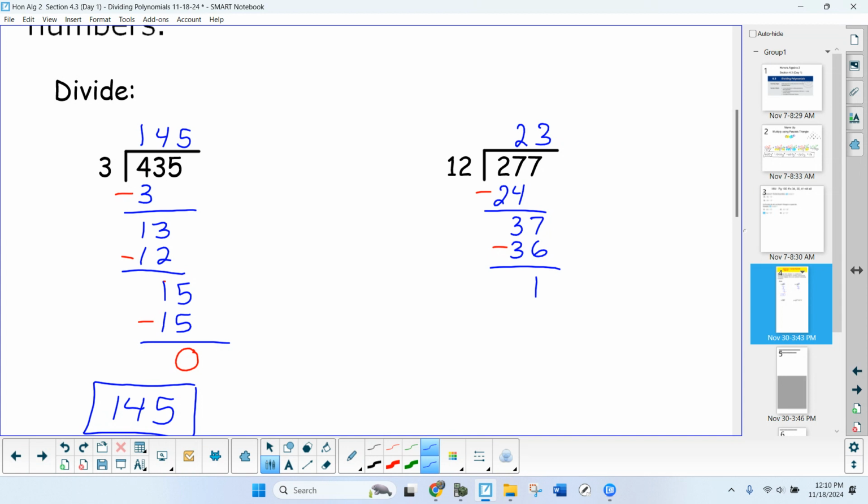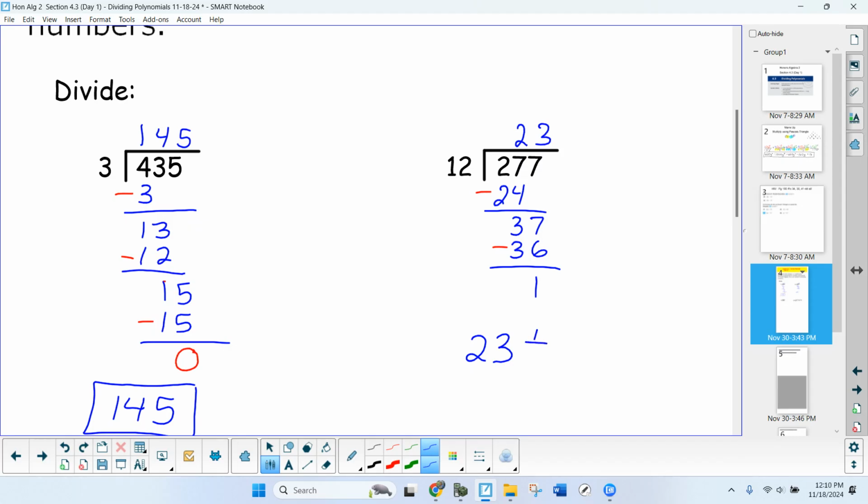Now, back when you guys were in elementary school, you had a choice. Okay, when you were first learning this, you put remainder 1. Then as you got older, you put a decimal point, you added some zeros, and you carried the zeros out. But you might remember at some point saying that this is 23, and then you put your remainder over your divisor.